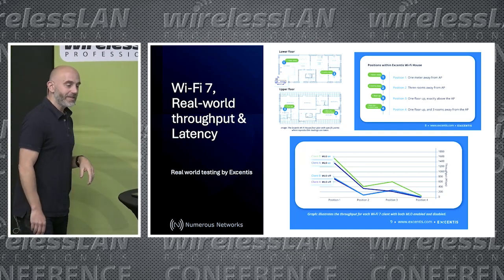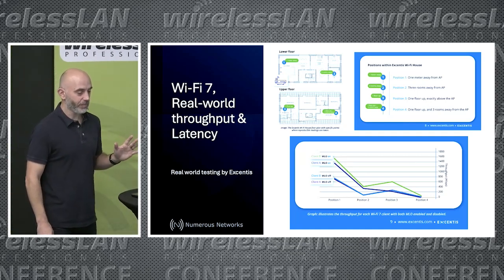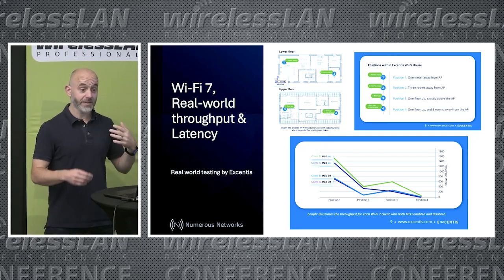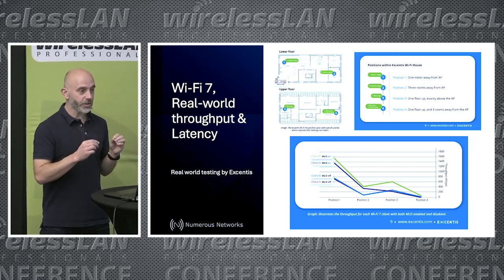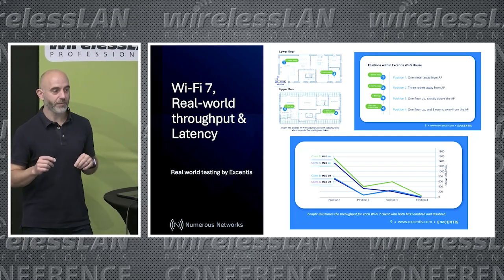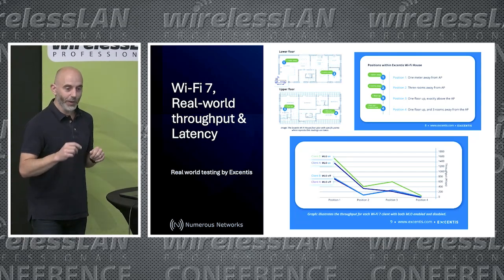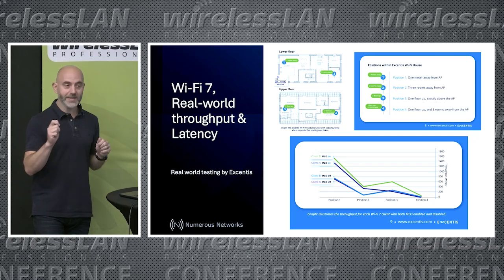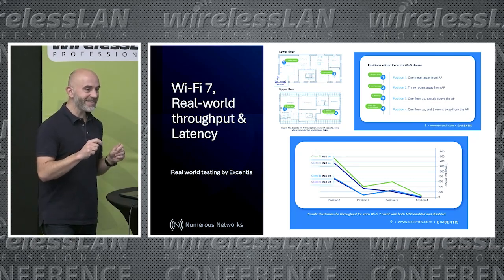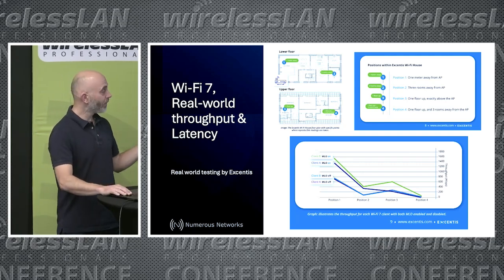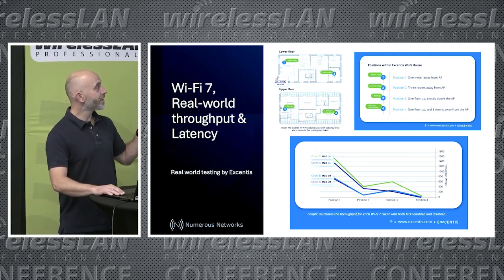I did a webinar recently with a Belgian company called Exentis, who do some testing. This is the beginning of the journey. There's also a great white paper from CableLabs about what Wi-Fi 7 is really doing to latency. Is it bandwidth or latency? Exentis are great.